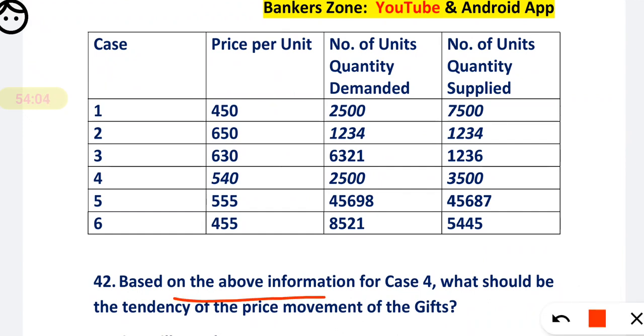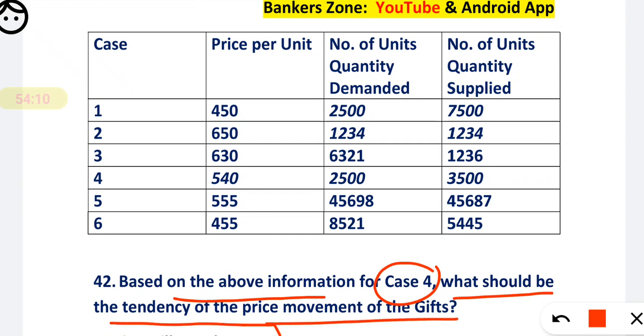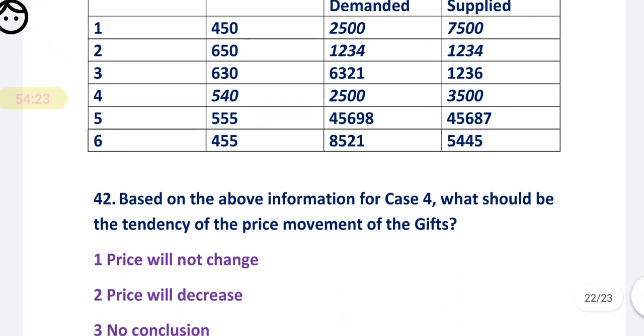Okay, very easy. Now the next question we are going to discuss, the fourth question. Based on the above information for case 4, what should be the tendency of the price movement for the gift? Very important. For case number 4, what will be the tendency of the price movement, that we have to find. So see friends, in case number 4, our demand is 2500 and supply is 3500. That means our demand is less than supply, right?